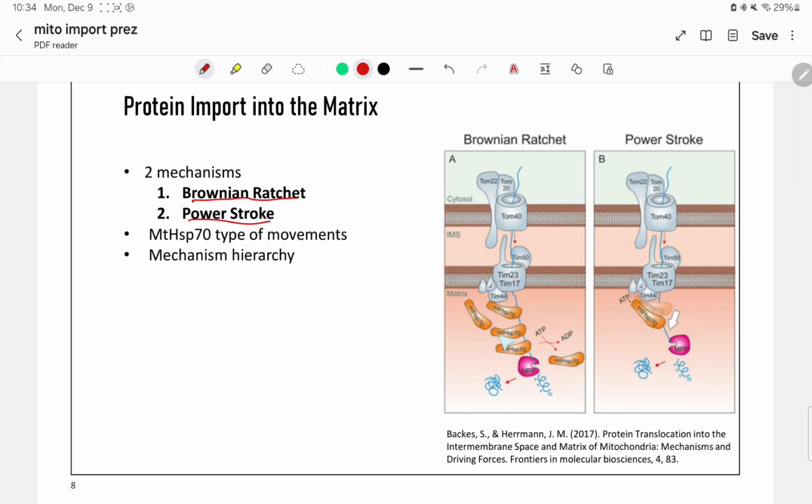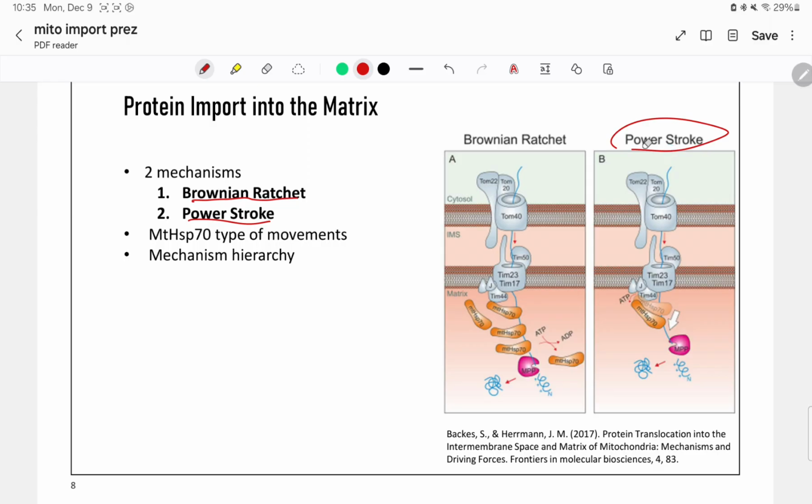But the Brownian ratchet basically states that multiple mitochondrial HSP70s will unbind from TIM44 using ATP hydrolysis, and then will search for and bind to the areas of this precursor that are unfolded, okay? And then they will pull it in, all right? Actually, rather than pulling, it lets the protein slide through their grip, okay? And this is said to prevent retrograde movement of the protein back up to the IMS, okay? So that's one of the proposed mechanisms.